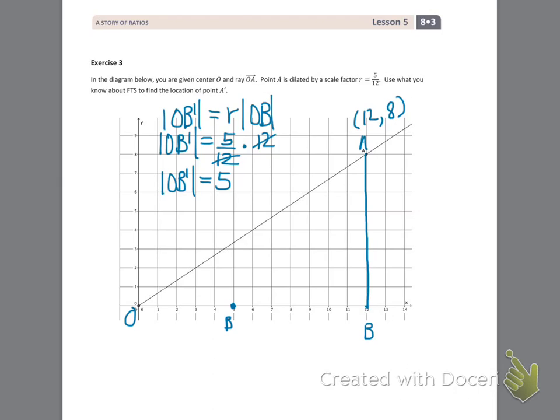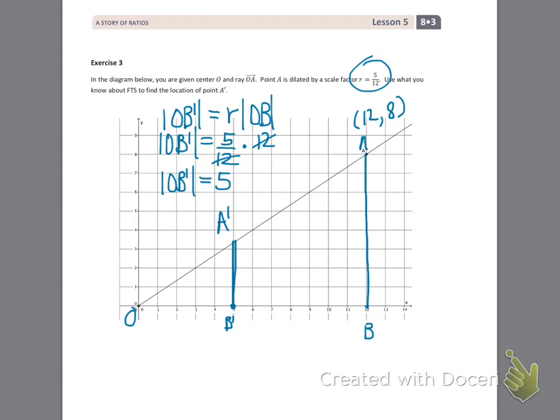Okay, so once I have B prime, this is very similar to the last example. It's just with a scale factor less than 1. So we're shrinking in towards our center of dilation. I'm going to take this line up to the other ray, and so this must be my location of A prime right here.